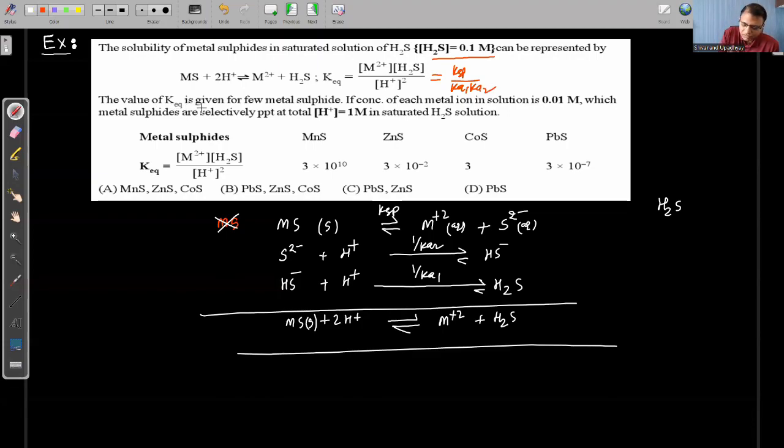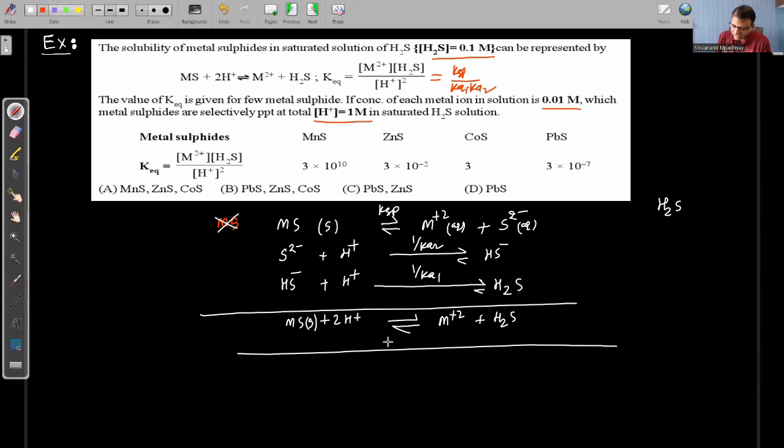The value of equilibrium constant is given for a few metal sulfides. If concentration of each metal ion in solution is 0.01 molar, which metal sulfides are selectively precipitated at the total H plus? They have given the total H plus ion concentration at equilibrium in a saturated solution of H2S. For such a reaction, this is the solid on the left hand side.